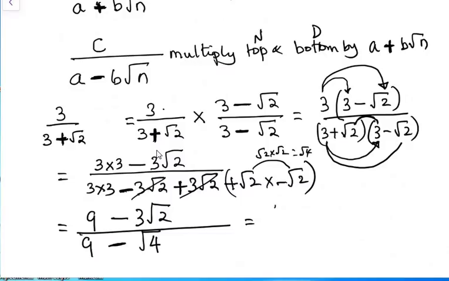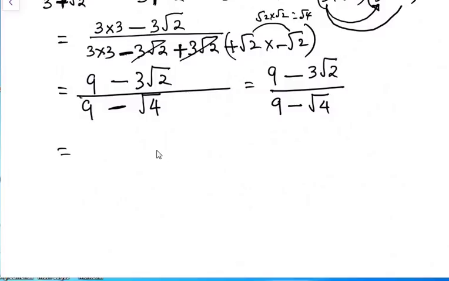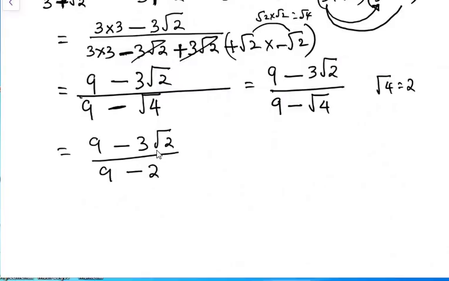So in this case, we have 9 minus 3 root 2 over 9 minus square root of 4. Now, if we solve this further, we're going to have 9 minus 3 root 2 over 9 minus 2, because square root of 4 equals 2.